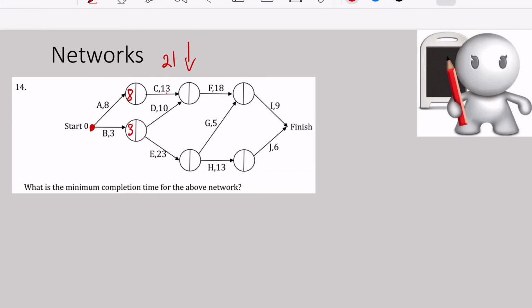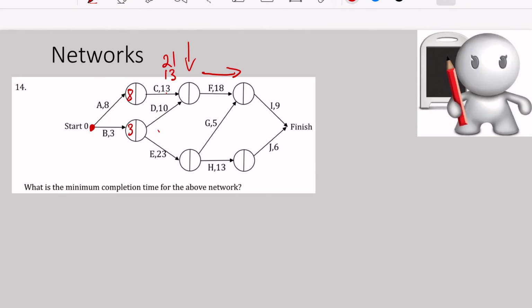Now, to go through B and D, it's going to be 13 minutes. Now, what number do I put in this cell over here? Well, it's asking us about minimum completion time. So activity F cannot start until activity C or D has finished.